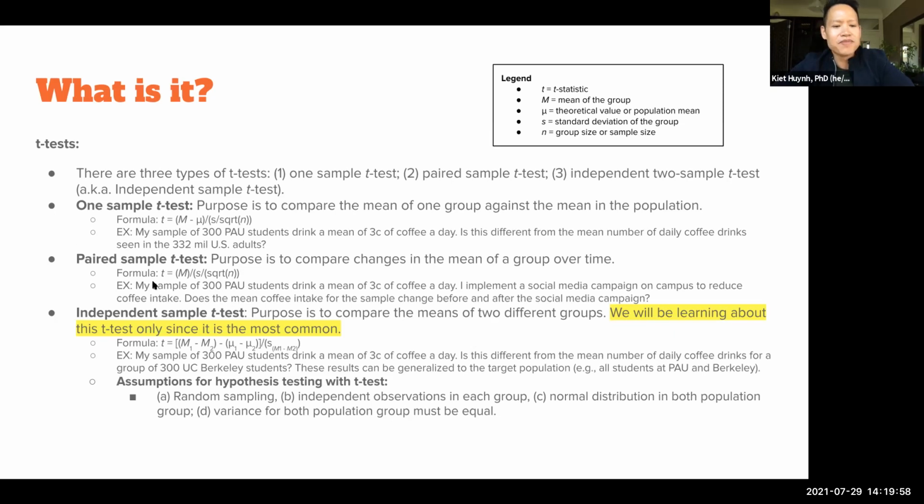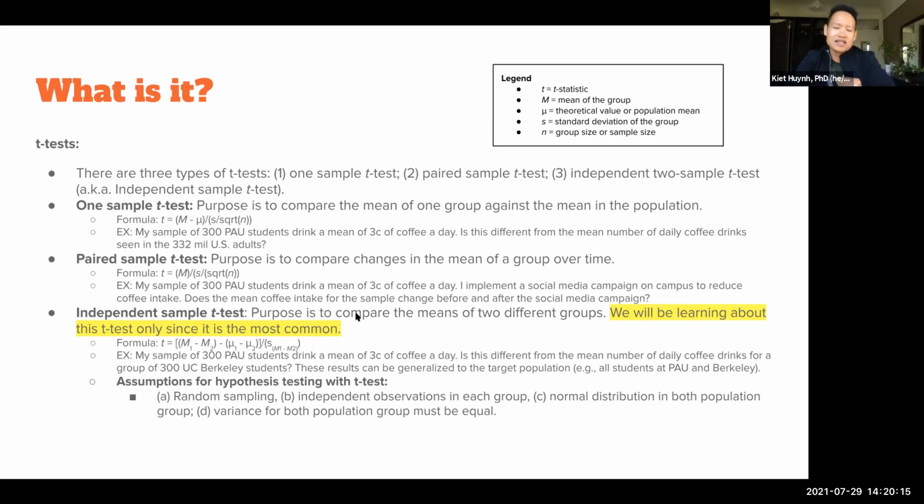The next type of t-test is the paired sample t-test. Again, you have one group only, and you want to see if that group changes over time. Back to the coffee example, I have my 300 PAU students, and they drink a mean of 3 cups of coffee a day.